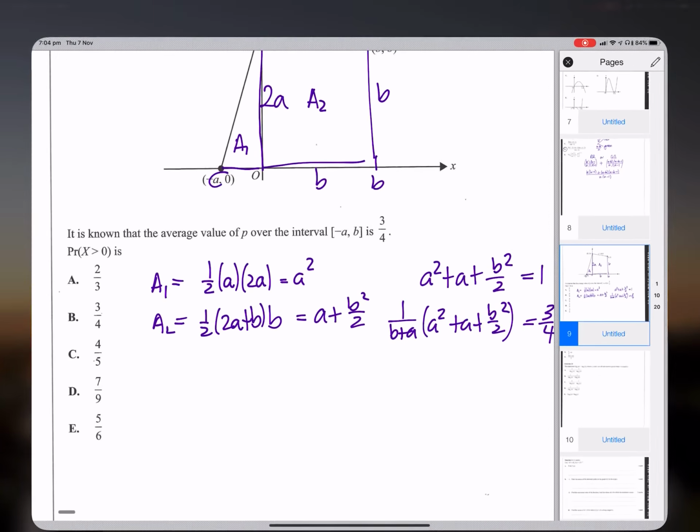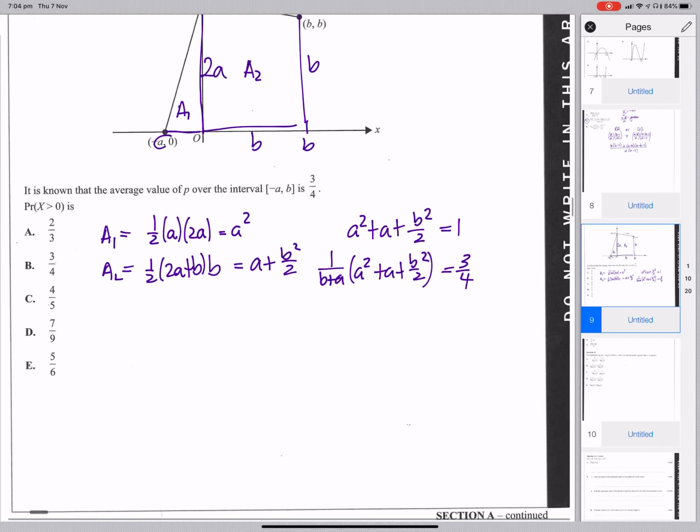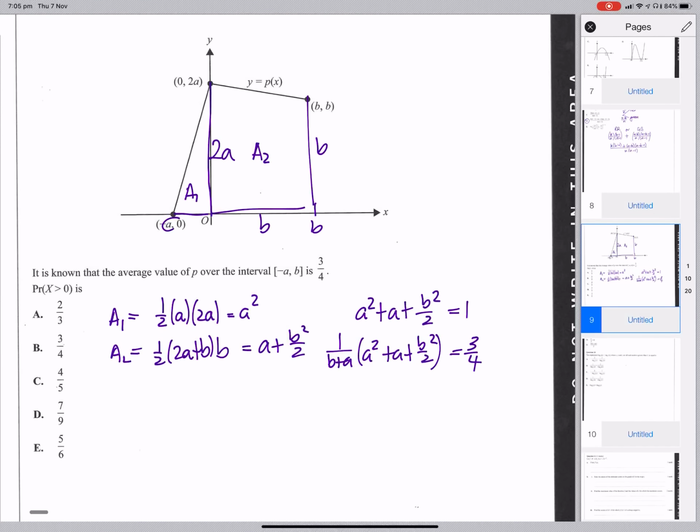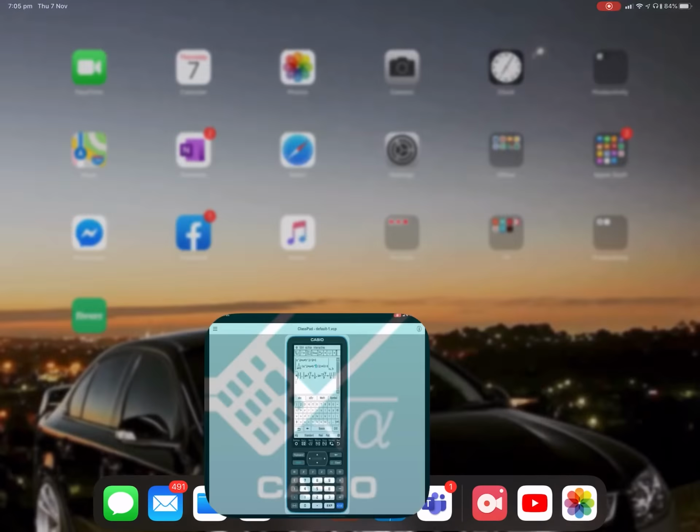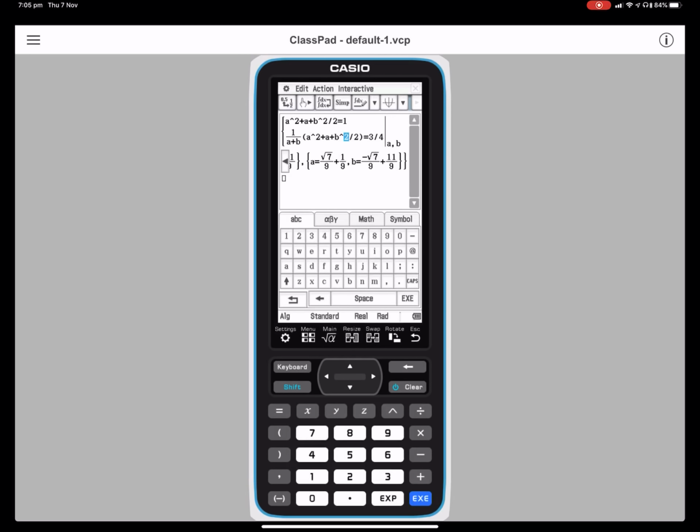Let's check and see if I've done it right. So, half A times 2A is A squared. A half 2A plus B times B is A plus B squared on 2. A squared plus A plus B squared on 2 equals 1.